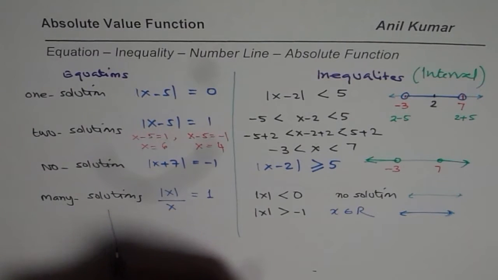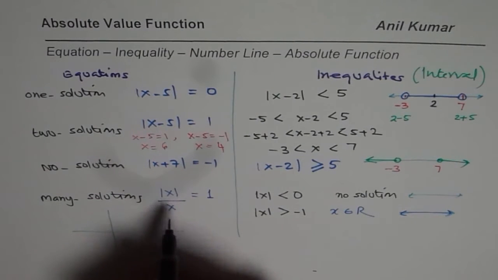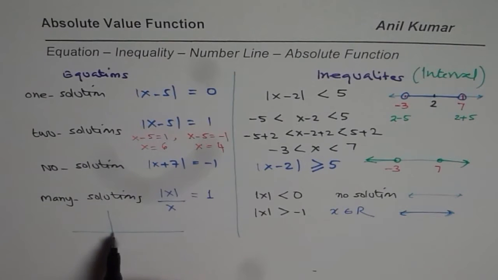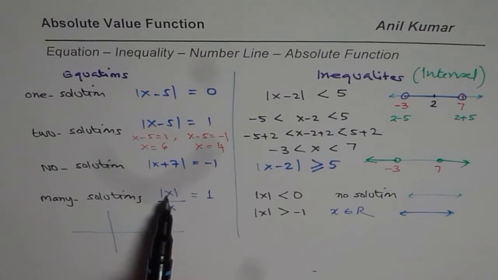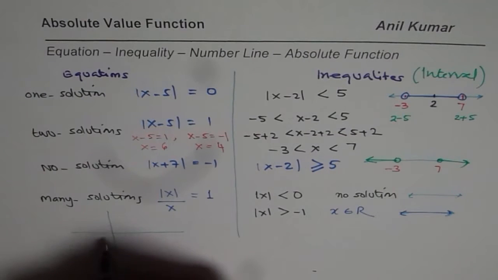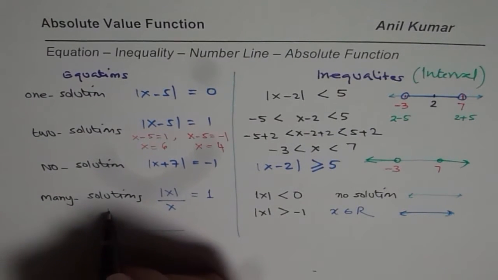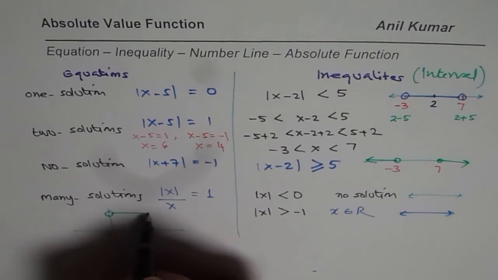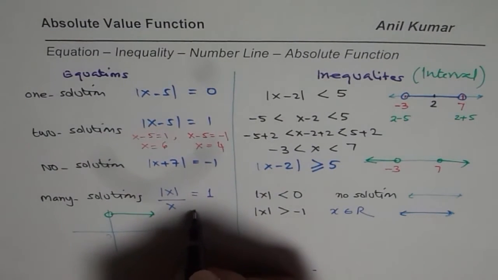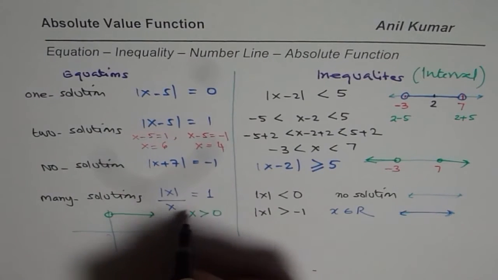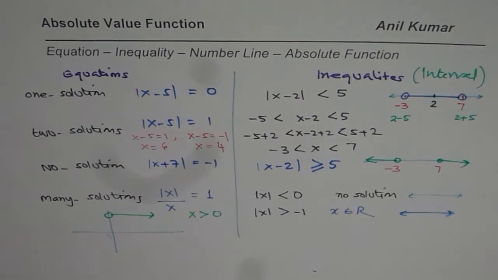We'll be dealing with this example in more detail. But an absolute function, if it is greater than or equal to 0, then it is positive, and if it is less than 0, then it is negative. So we find here that x is never equal to 0, because then the function is not defined, but all values x greater than 0 will be part of the solution of this equation, correct? Will be a part of the solution, right?